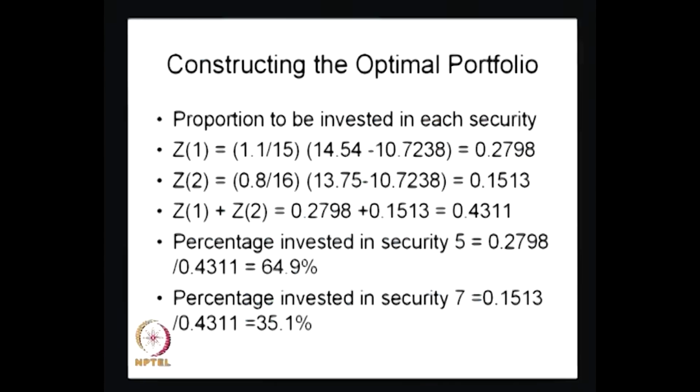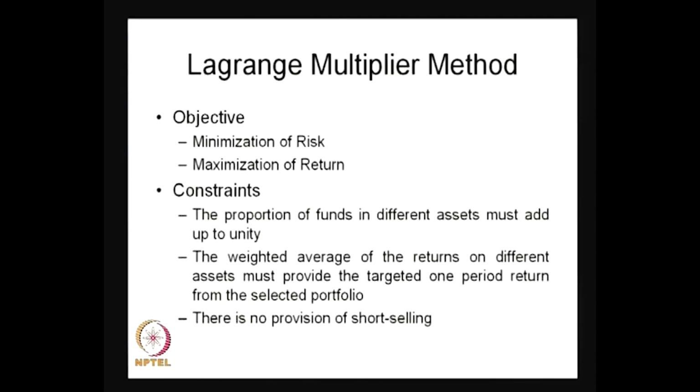So, after considering this, we have another theory that we also use, that is the Lagrange multiplier theory. This Lagrange multiplier method we always use to calculate the allocation of the funds, because this is the major task the investor always faces.